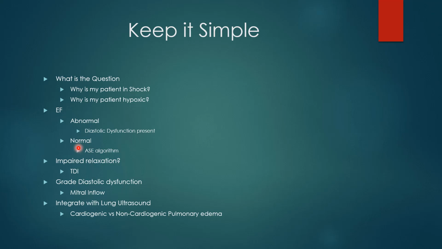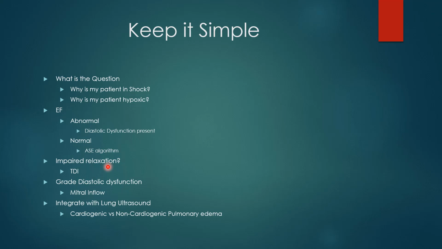That'll help you figure out if someone has impaired relaxation. Now, if you're trying to figure it out by Doppler, let's say it's a more subtle case, a 50-year-old with only hypertension and not major LVH. The first thing I like to do is tissue Doppler. I'm assuming we've already had a Doppler talk, but the tissue Doppler is essentially just measuring the velocity of the tissue moving up and down.